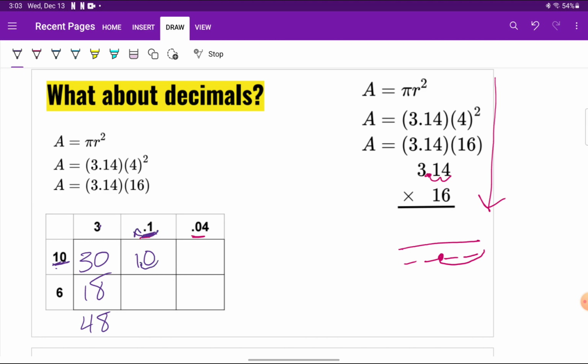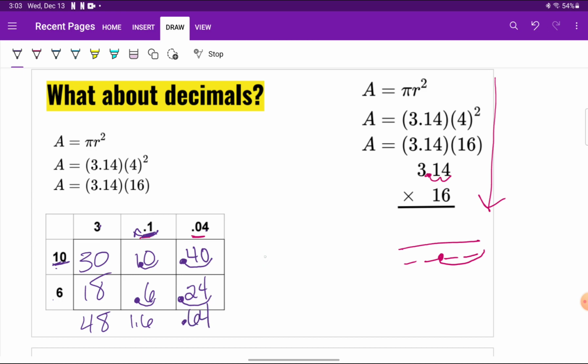We're dividing that 10 back off, so that one goes here. 6 times 1 is 6. Divide the tenths, so 1.6. 10 times 4 is 40, but now this is hundredths, so we're dividing by 100. And 6 times 4 is 24, again hundredths, so we divide by 100.